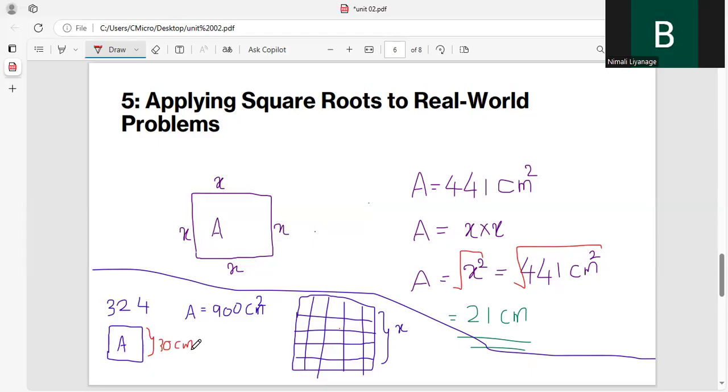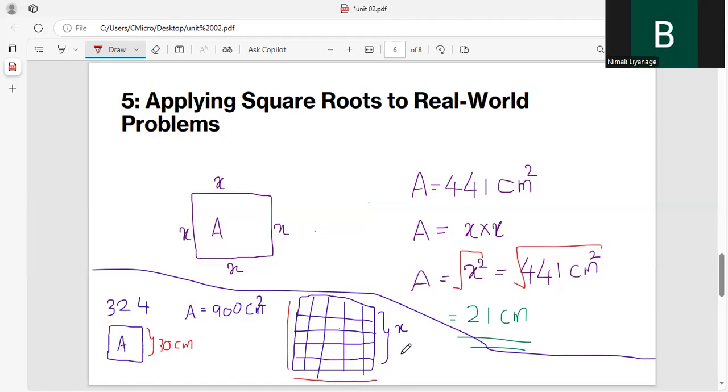So there are 324 tiles in this courtyard and the shape is square. So we need to find how many tiles make up one side. One side, okay? How many tiles?